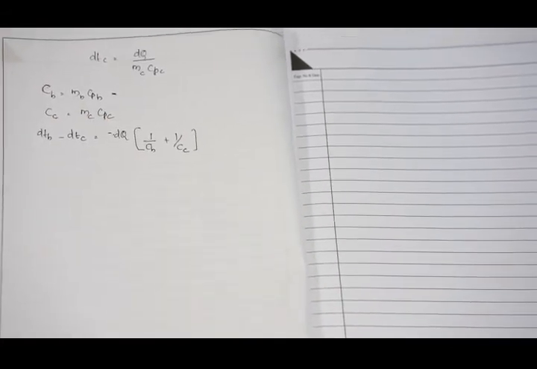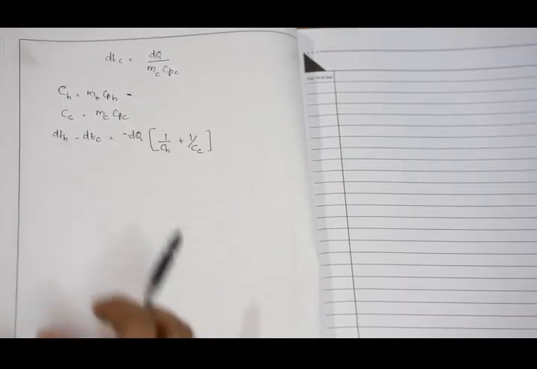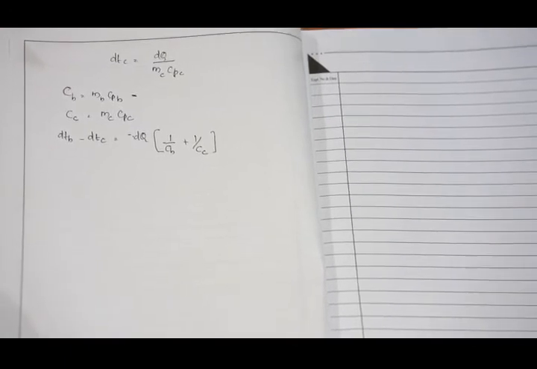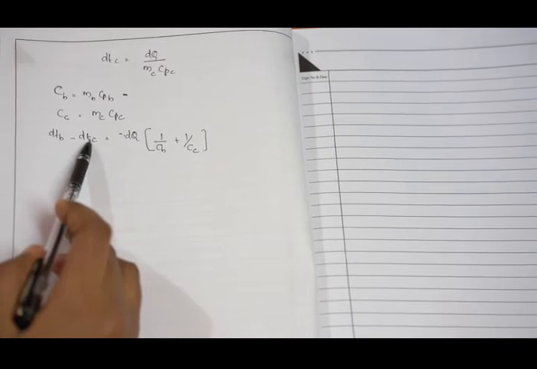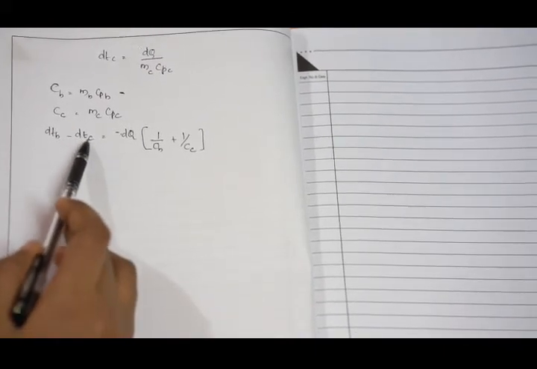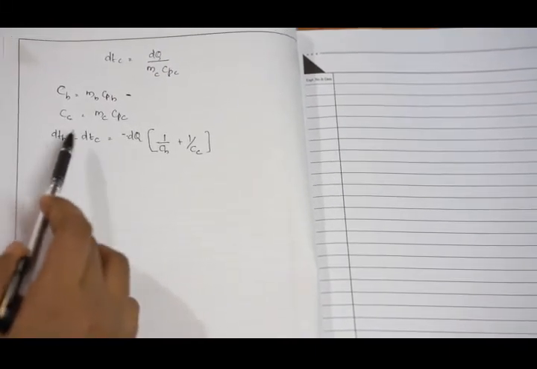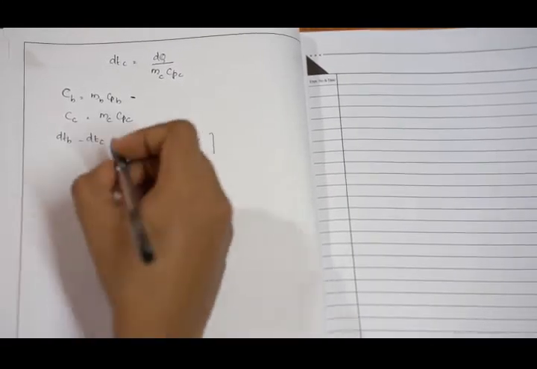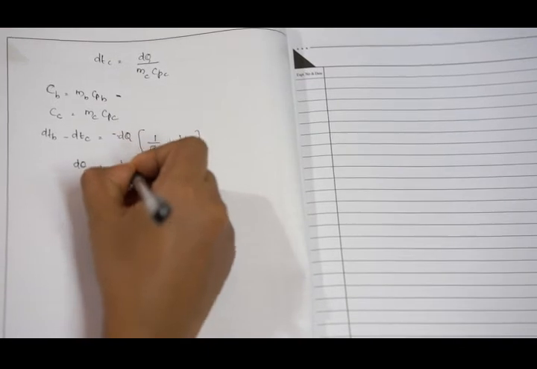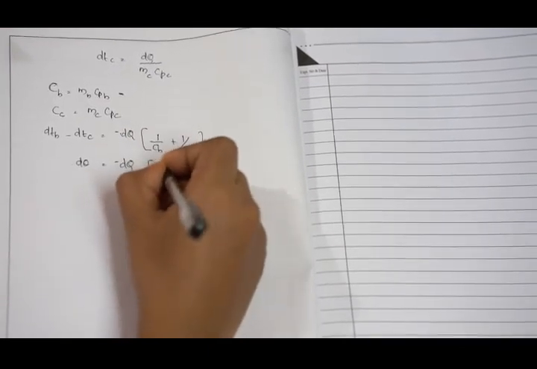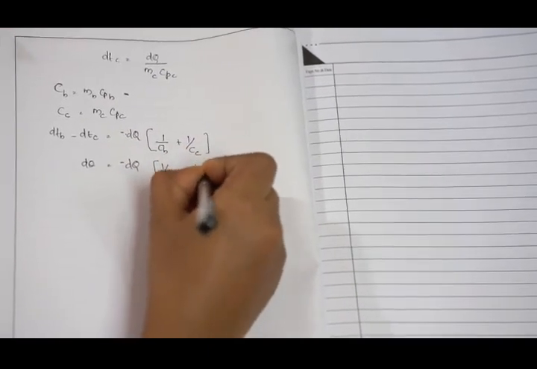From the previous figure we can understand that dTh minus dTc is equal to d theta, or Th minus Tc is equal to theta. So d theta is equal to minus dq into (1 by Ch plus 1 by Cc).